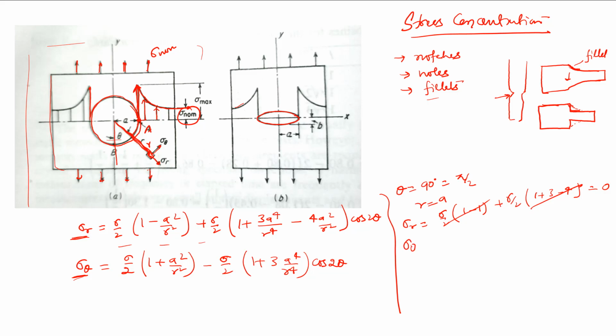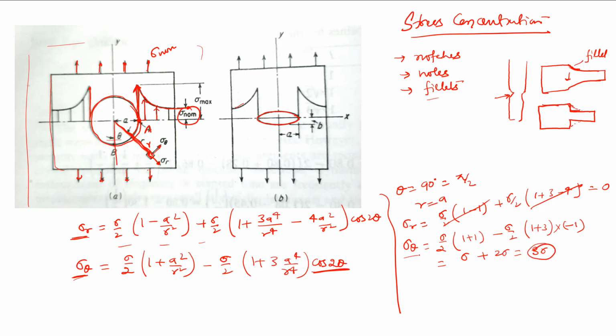Then sigma theta is equal to sigma by 2 (1 plus 1) minus sigma by 2 (1 plus 3) cos 2 theta, where 2 theta means 2 into pi by 2, that means it will be cos 180 degrees, and cos 180 degrees is minus 1. So it becomes sigma plus 2 sigma, that is equal to 3 sigma.